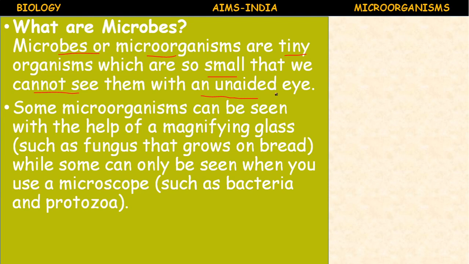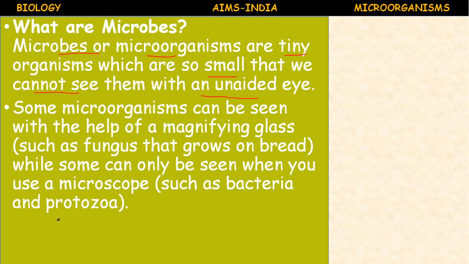Some microorganisms can be seen with the help of a magnifying glass, you know, a hand lens, such as the fungus that grows on bread, while some can only be seen when you use a microscope.